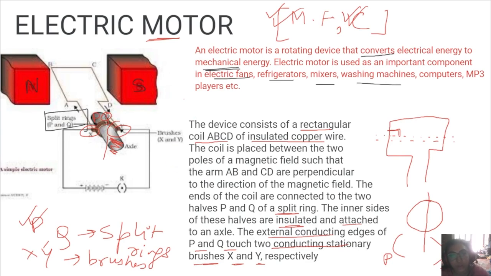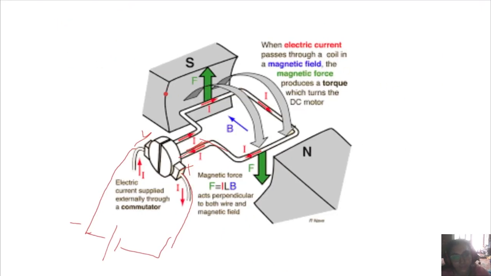Before that, what you have to understand is that when current is flowing and there is a magnetic field also, the magnetic force will produce a torque which will turn the DC motor. As long as the split ring is in contact with the brush, current will flow through it, right?